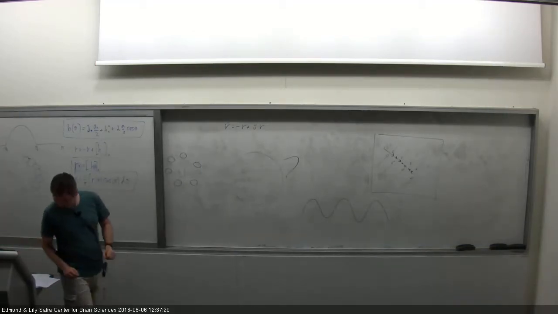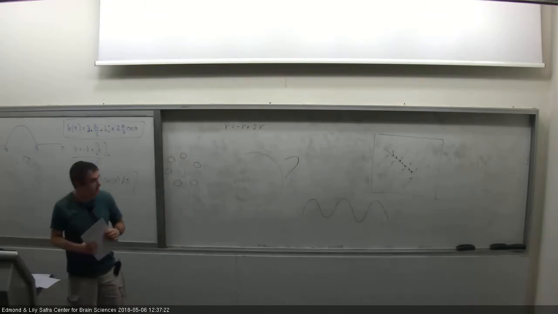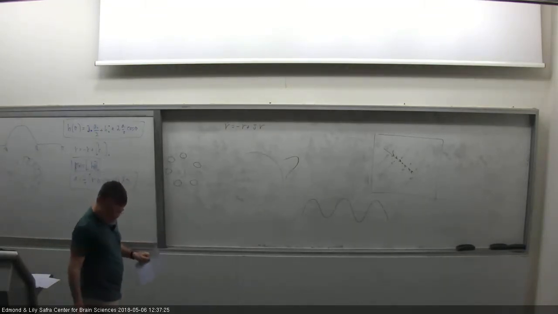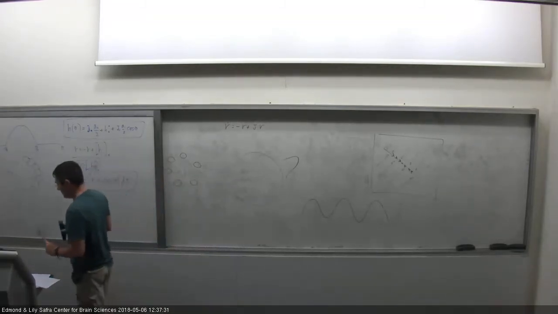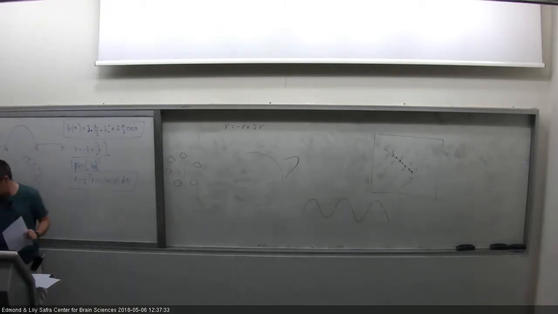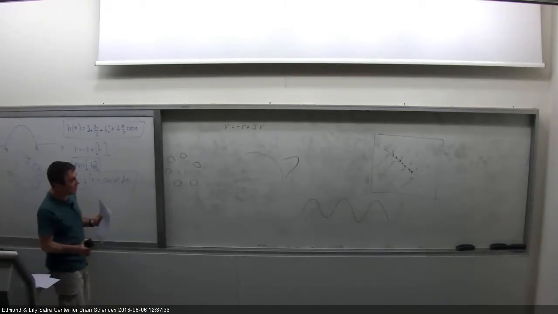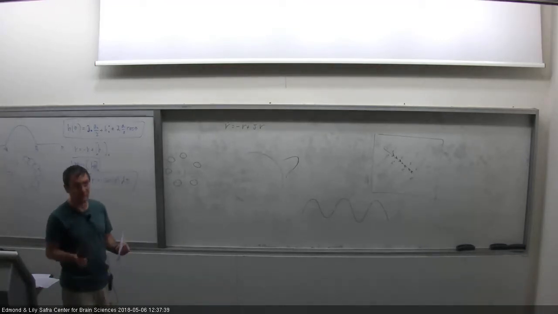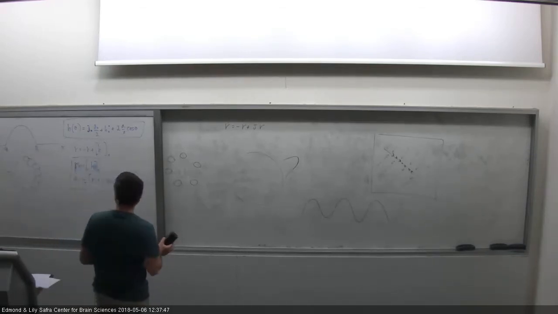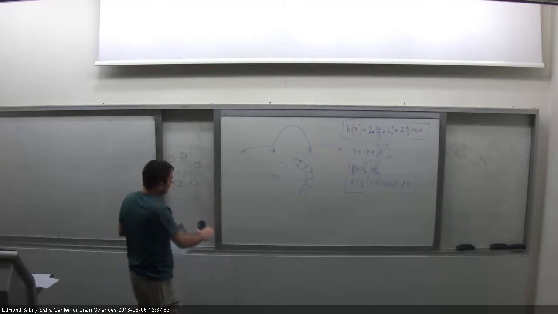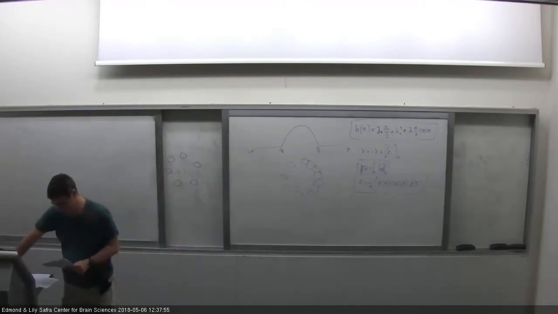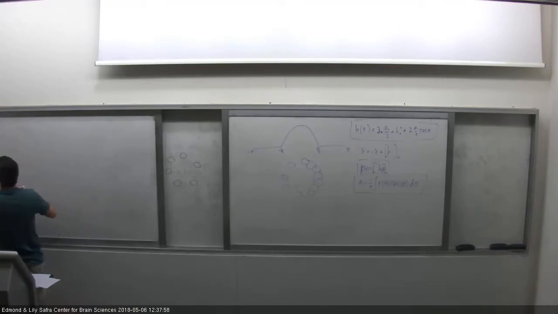Okay. So what we will do now is we will go back to the ring model, but this time consider a perturbation to the connectivity such that connections are no longer symmetric. So the connectivity matrix that we will consider is the following.